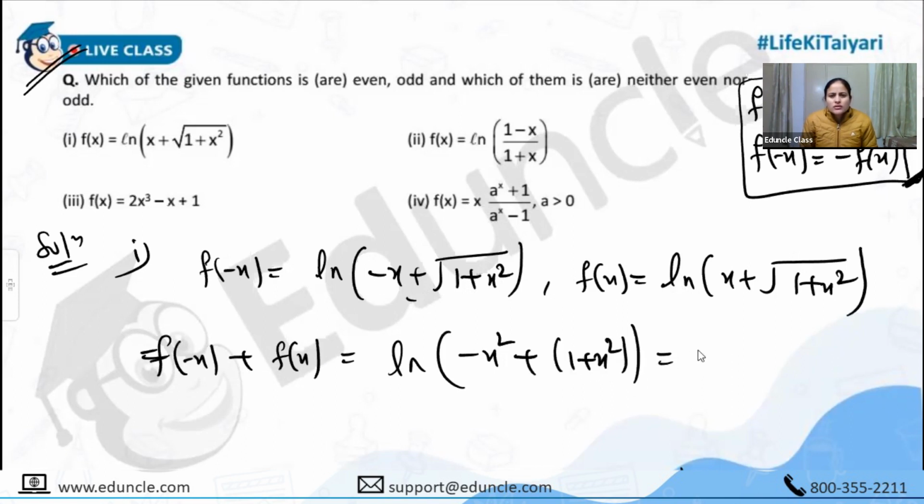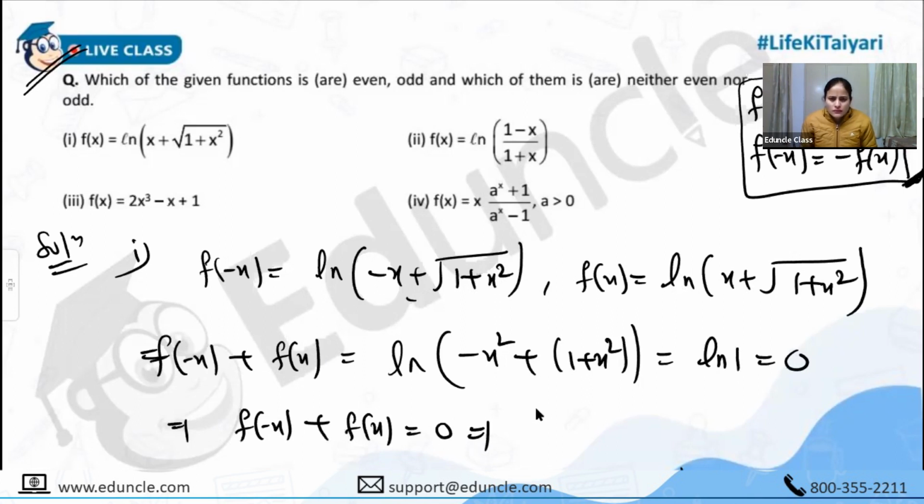So x square and x square cancel out. I am getting ln 1, and ln 1 is 0. That means f at minus x plus f of x is equal to 0, so f at minus x is equal to minus f of x, which implies my function f is an odd function. So the first one is odd.